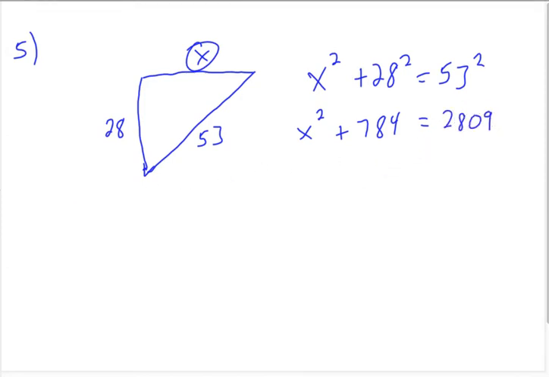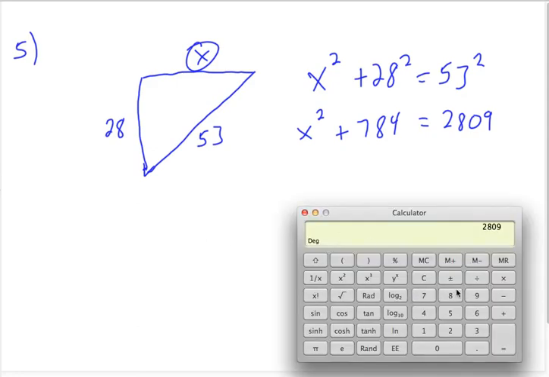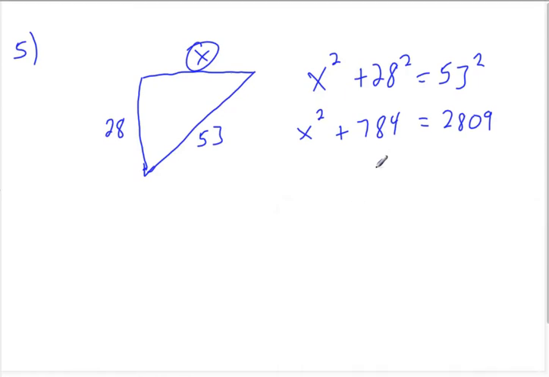We're going to subtract 784 to isolate the variable. 2025. This sounds like something that ends in a 5. So the square root of 2025 is 45. X equals 45. So we are rereading the problem. How far did the car travel east? 45 miles.